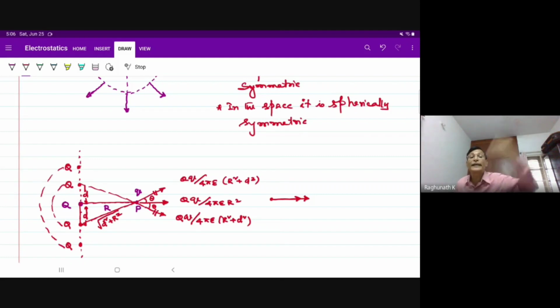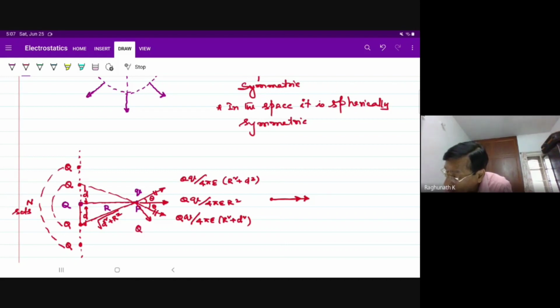If I put them in sets, let us say there are n sets of charges kept along the vertical line with the intercharge separation of D. I will have one more set for you to know.